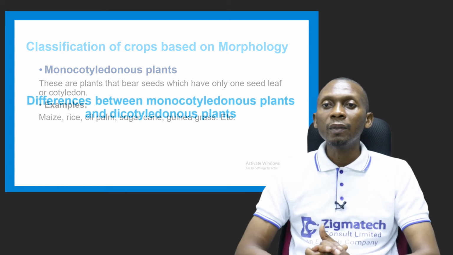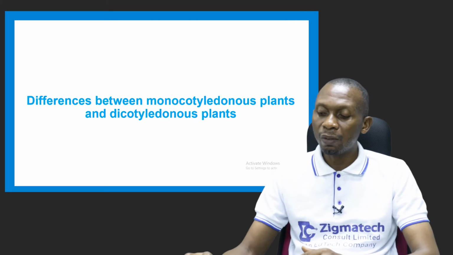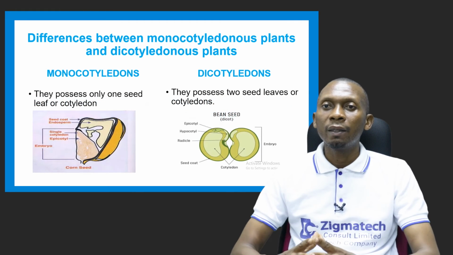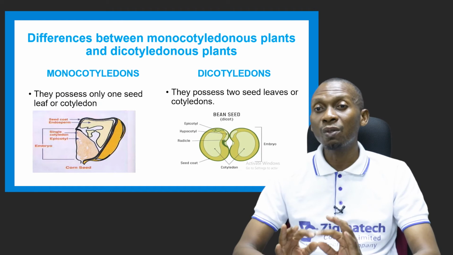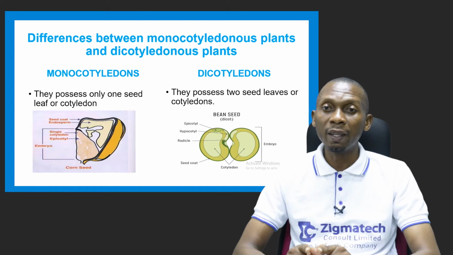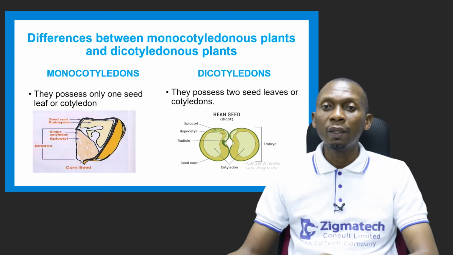Now let's look at the differences between monocotyledonous plants and dicotyledonous plants. The first is that monocotyledons possess only one seed leaf, as I mentioned earlier, and the seed leaf is also known as a cotyledon.